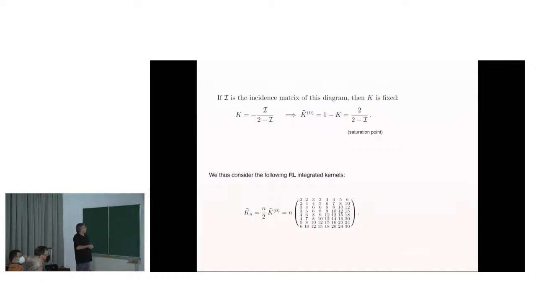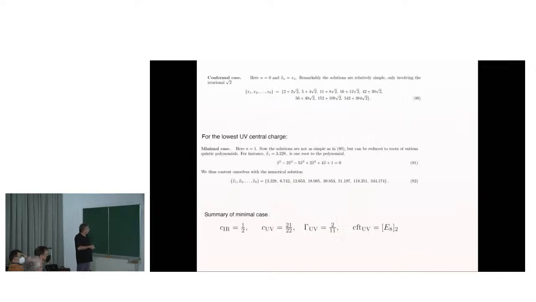The K hat 0 is this. Multiply by n over 2, you get this. So let's just check the conformal case. If you set K hat to 0, then the UV and the infrared central charge are the same. There's no flow. It's a conformal theory. So there, if you solve the plateau equation, this algebraic equation, you get algebraic numbers.